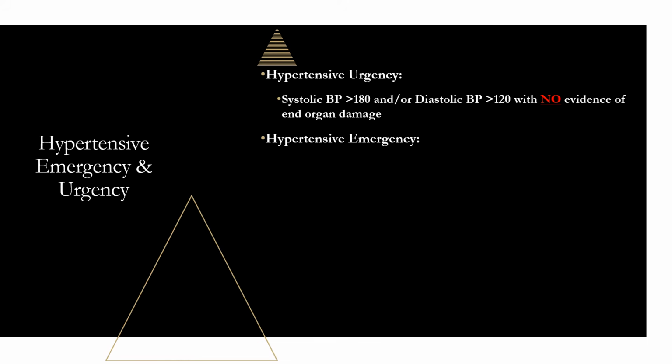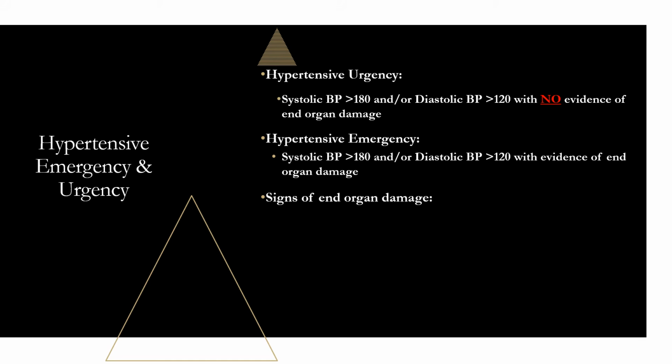Now, hypertensive emergency is the same exact thing, over 180 and/or over 120, but you now have evidence of end organ damage. So you may be thinking, what is end organ damage? What does it look like? How does it present? So these are signs of end organ damage. All end organ damage is that these patients have had really high blood pressure, most likely for a while, and they're starting to have some serious complications.